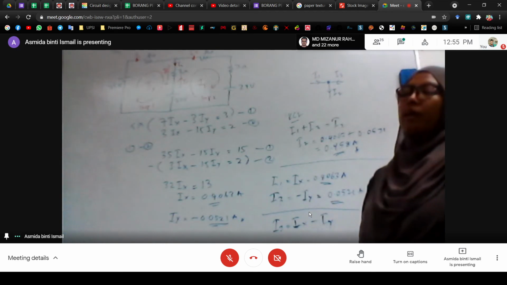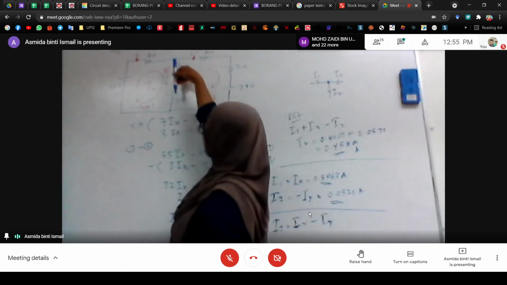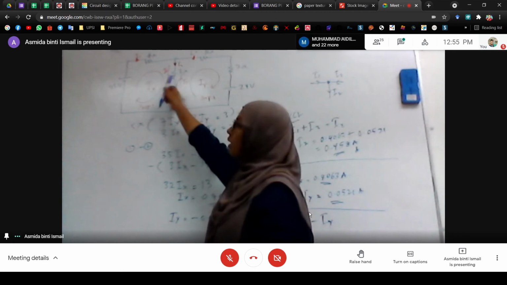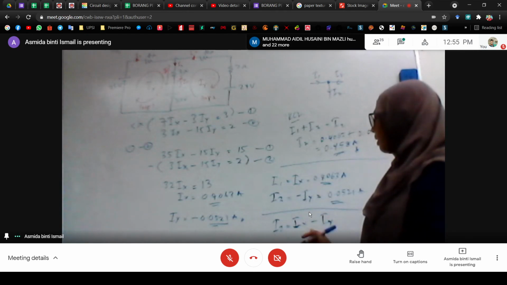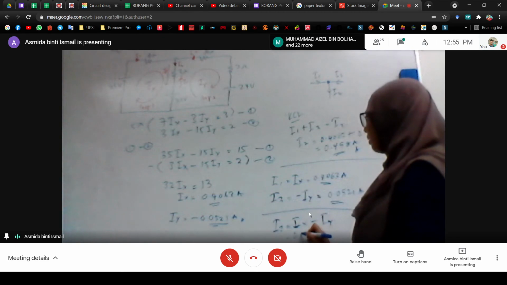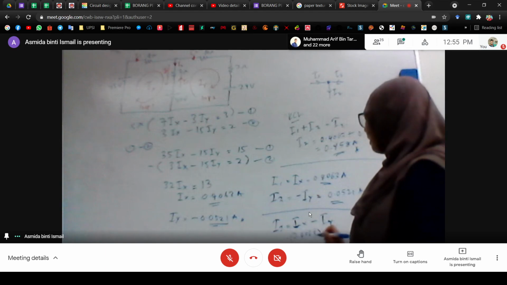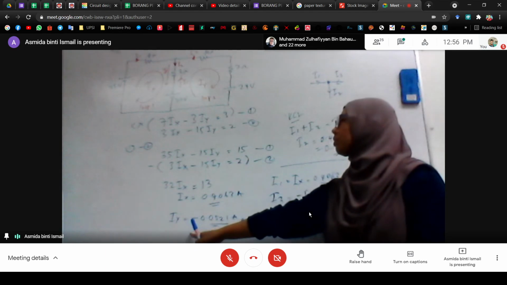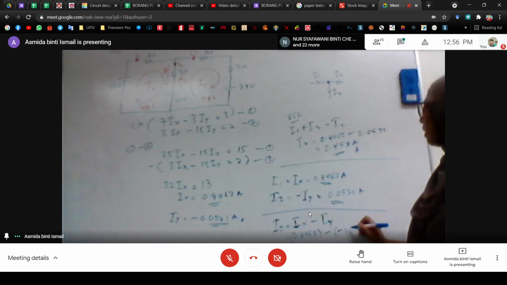Ix minus. So dia punya anak panah ni ke bawah ke? So anak panah ke bawah sekarang ni is equal to Ix. So Ix minus. Here you need to put the value of Ix, 0.4063, minus you need to put the value Iy, minus 0.05.